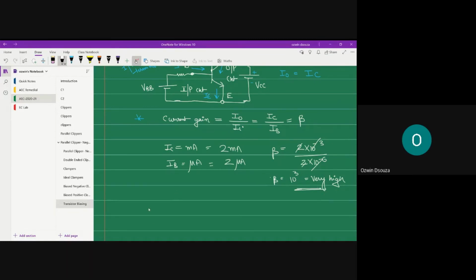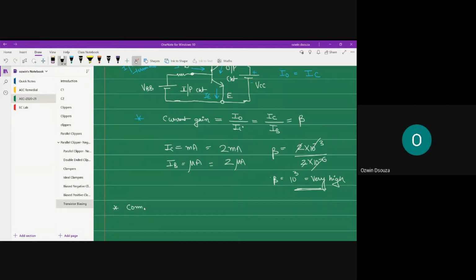So that's about your common emitter configuration. Next up we have the common base configuration.